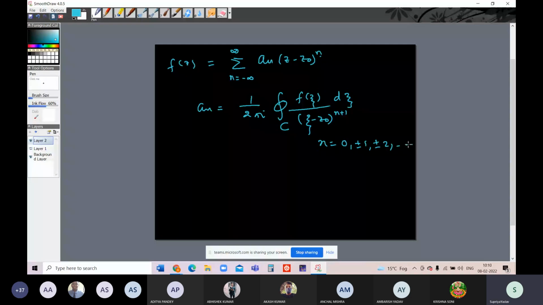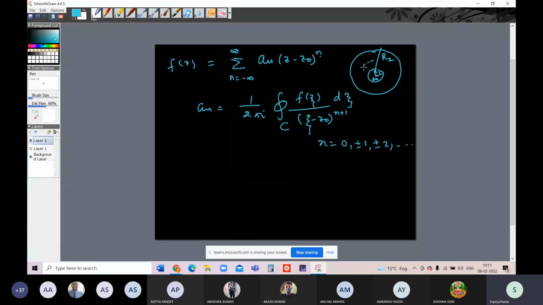Here C is a closed circle lying inside the annulus about this point z0 with radii r1 and r2.